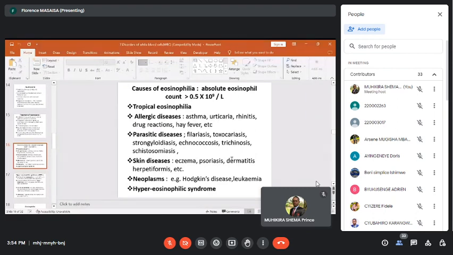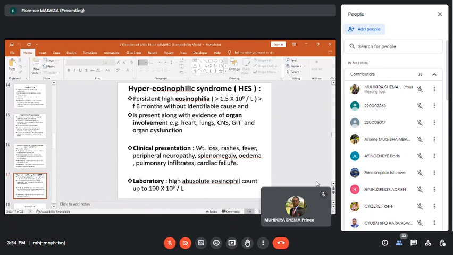You may see people with increased eosinophils. The last condition is what we call hypereosinophilic syndrome, which is persistent eosinophilia above 1.5 over 6 months without any explanation, so without any identifiable cause. This may be associated with some organ involvement like heart, lungs, CNS, GIT, and so on.